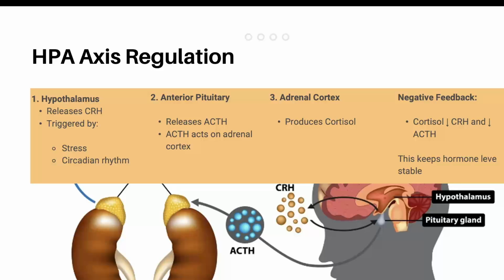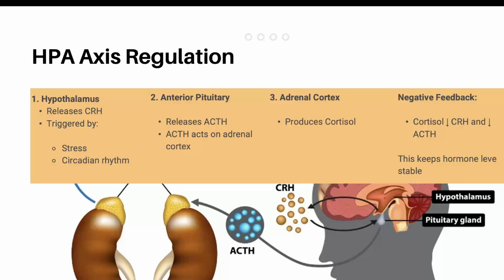The adrenocorticotropic hormone by itself will activate the adrenal cortex, and the adrenal cortex will release the cortisol. So activation of the hypothalamus leads to activation of the anterior pituitary, which induces the adrenal cortex to release the cortisol.